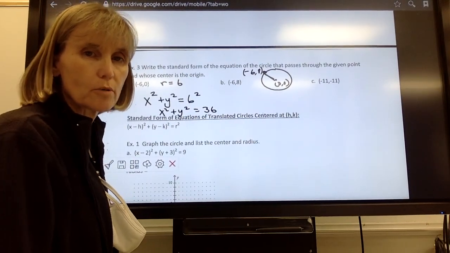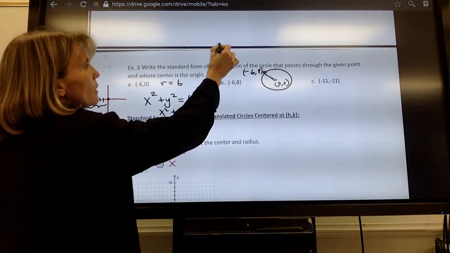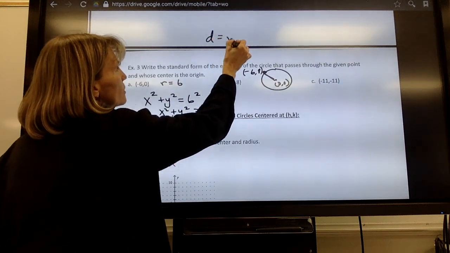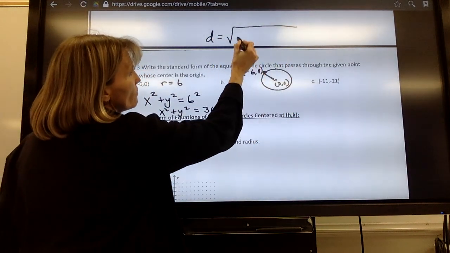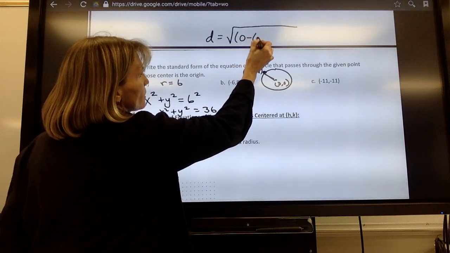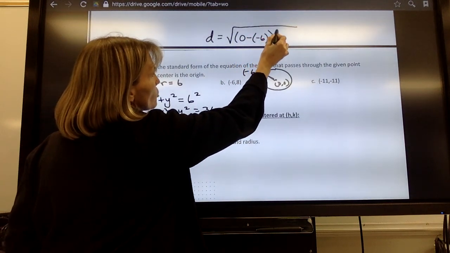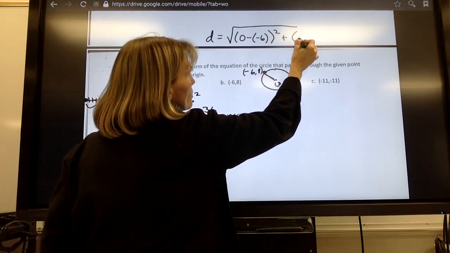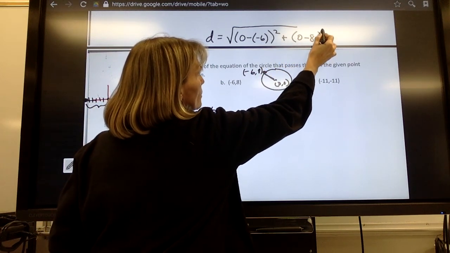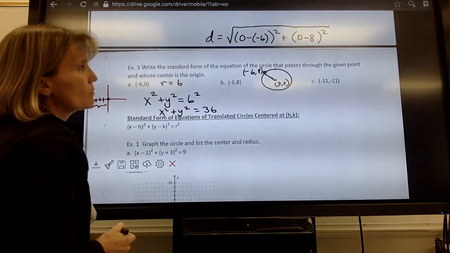That's one of the reasons why we showed you the distance formula in the beginning. We're going to take the difference in the x values, 0 minus -6, and we're going to square it, plus the difference in the y values, 0 minus 8, squared. And we're going to simplify that.